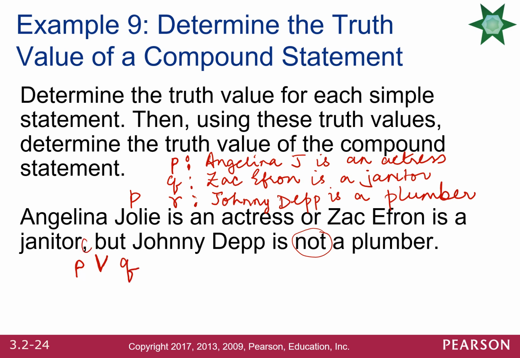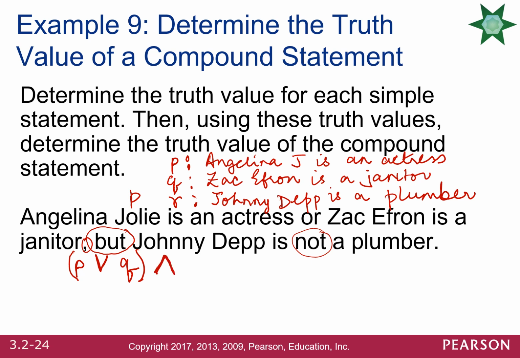And then because of this comma, remember previously we said if there's a comma between statements, then we have to surround it with brackets. So P or Q, and then this but here, it is a conjunction. Even though we've learned that and is a conjunction, but, nevertheless, these are also conjunctions. So conjunctions have the and symbol.